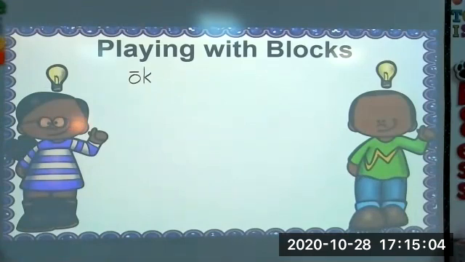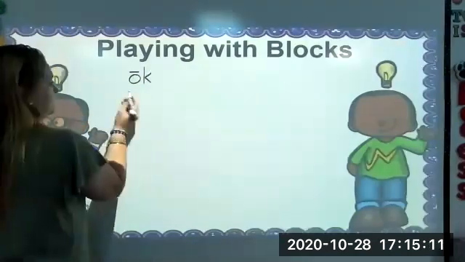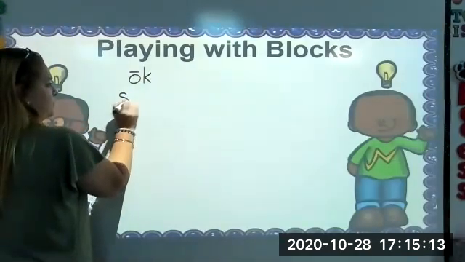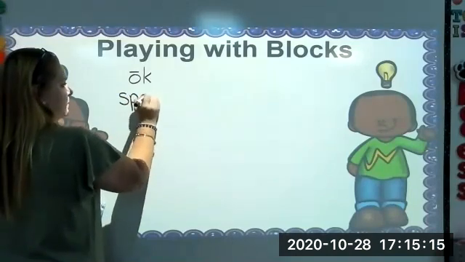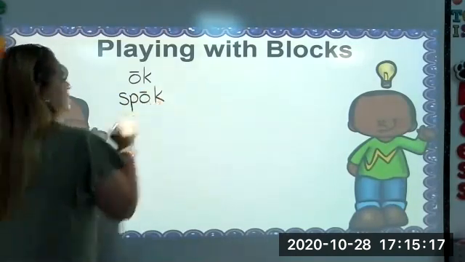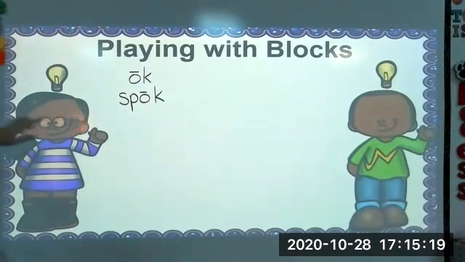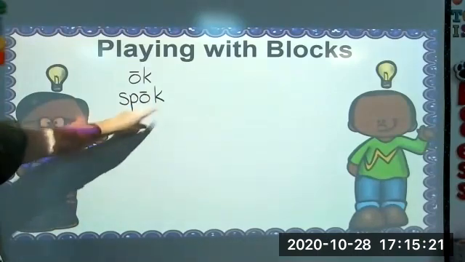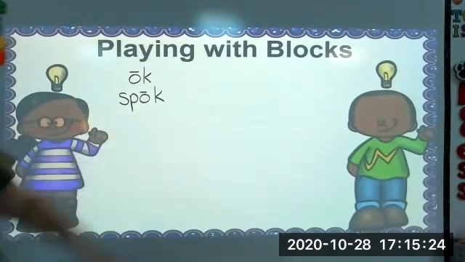All right, so now I want to put sp at the front of it. Sp. So what's my new word? If I have sp, oak, what's my new word?